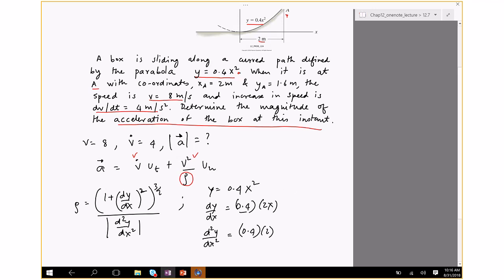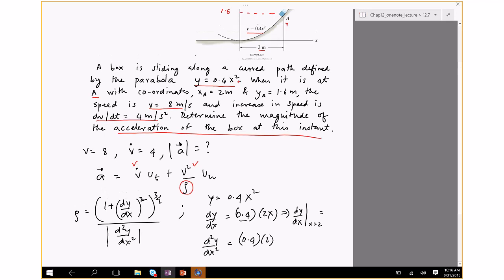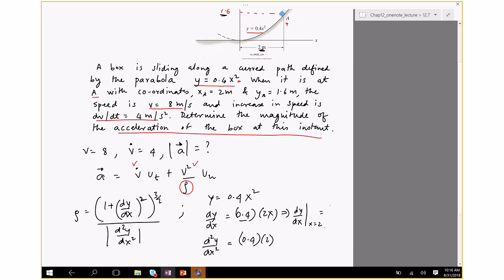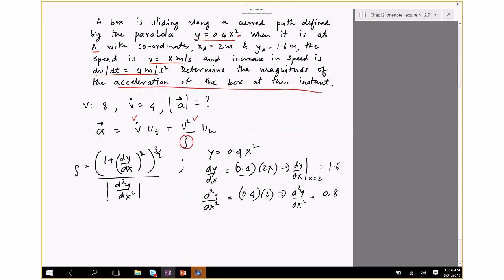Okay, so let's find dy by dx at x equals 2, because we want to find the radius of curvature at A, and A has coordinates x equals 2, y equals 1.6. So dy by dx at x equals 2 is 1.6, and d squared y by dx squared is 0.8.